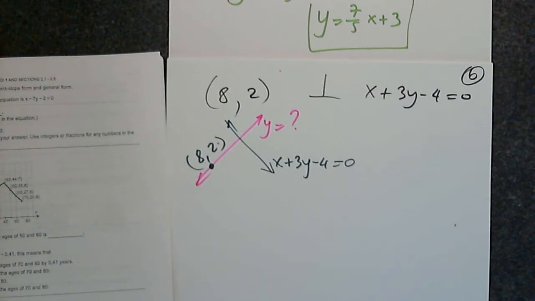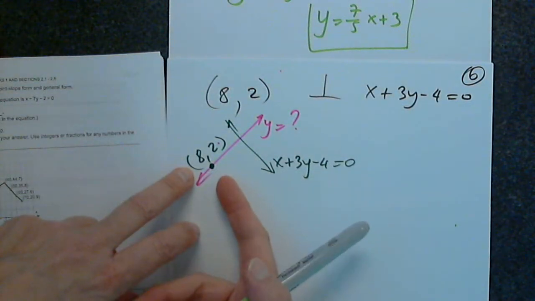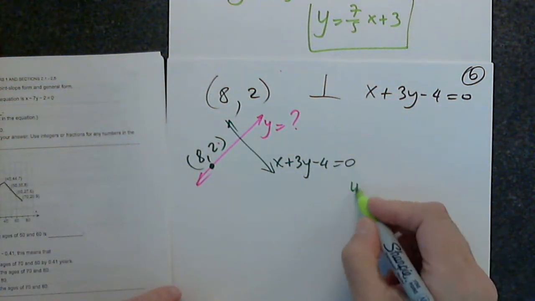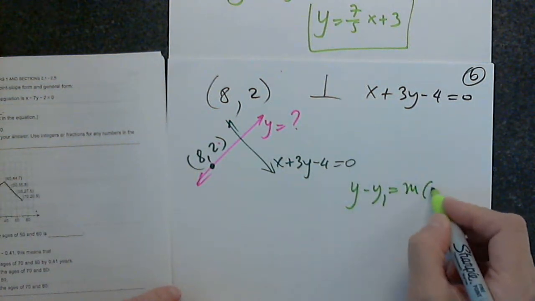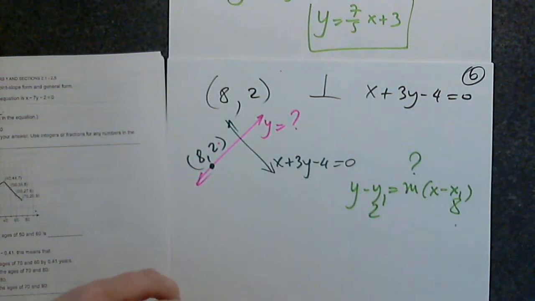How do we start? Well, I know I have a point. I know it's not exactly the y-intercept. So I'm going to get ready the point slope form in which I have 8 and 2. But I'm missing a very important part of what I'm doing, and that is the slope. So how do I find the slope?